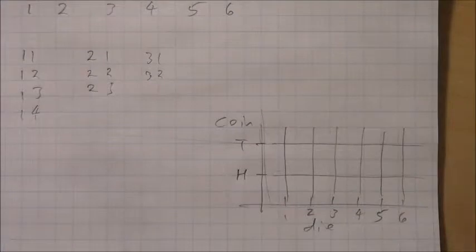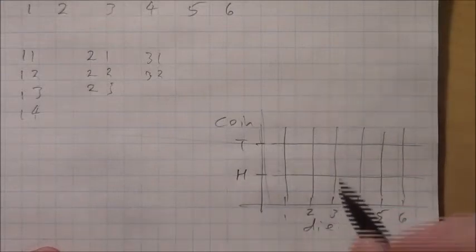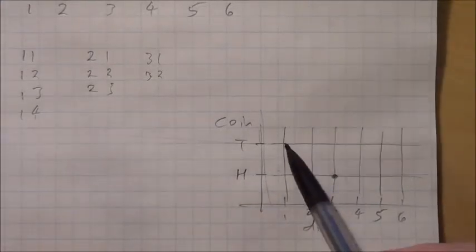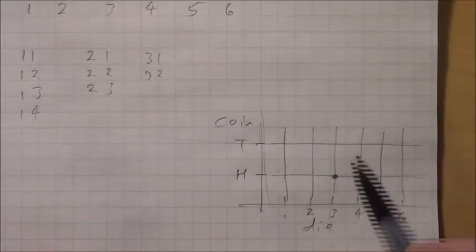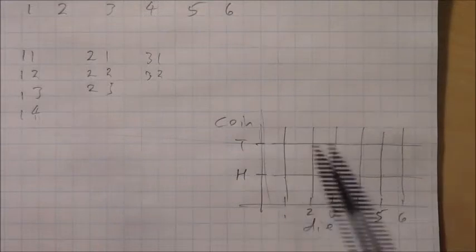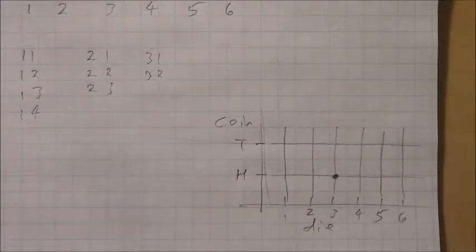If we're looking at rolling a 3 and flipping a head, we would just see where the 2 connect, and there's our outcome. Each of these intersections is a different outcome, and this would be 1 out of those possible 12 outcomes. Or we could say, what about an even number and a tail?